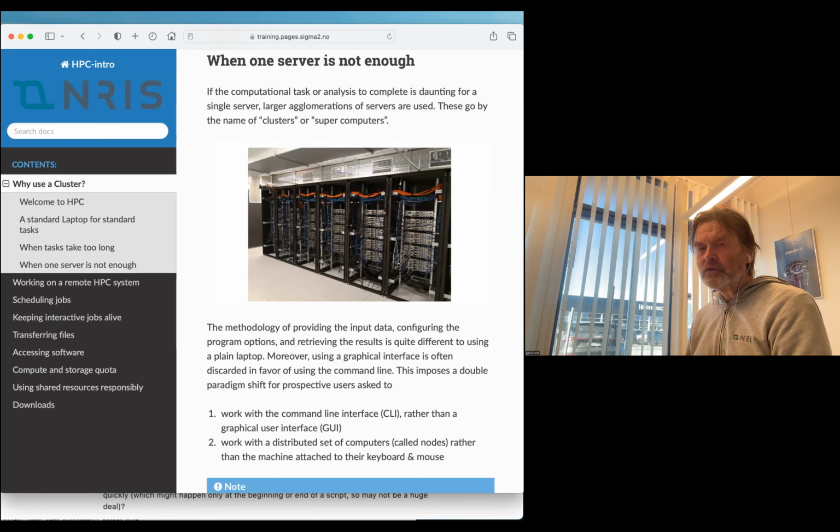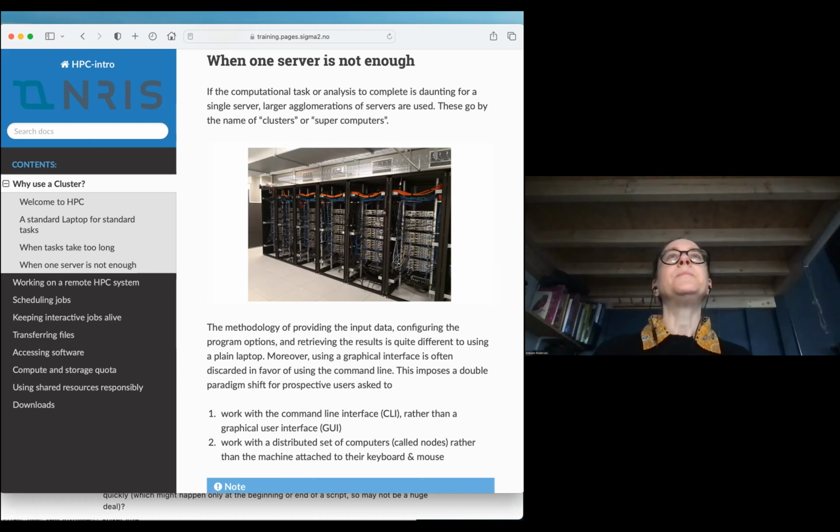When did you start to use HPC, Maiken? Well, I guess when I started my master's studies, but I didn't really know that I was using HPC, because I was using it via this distributed computing grid, which we use in my field, which is particle physics and CERN.